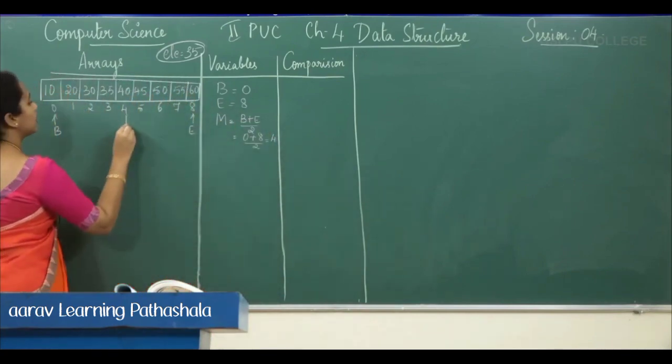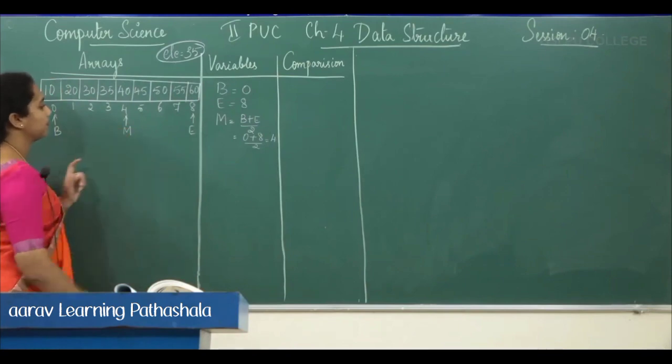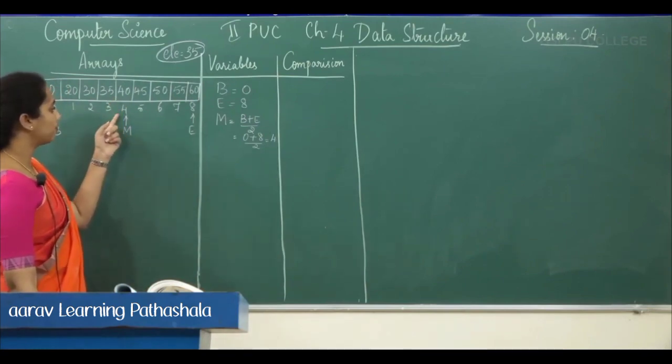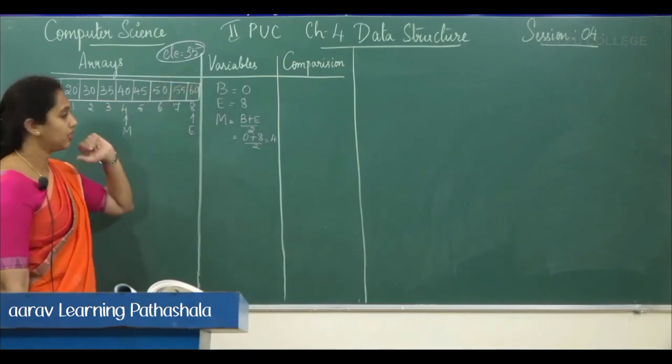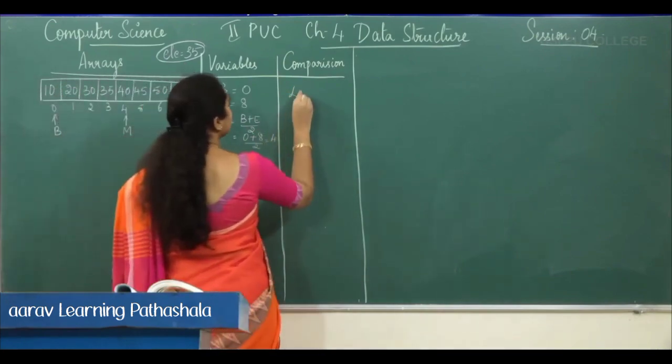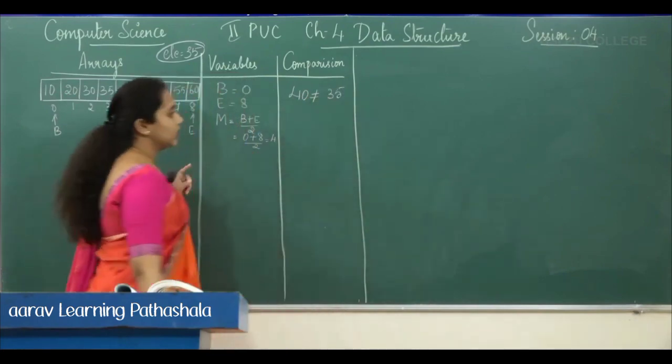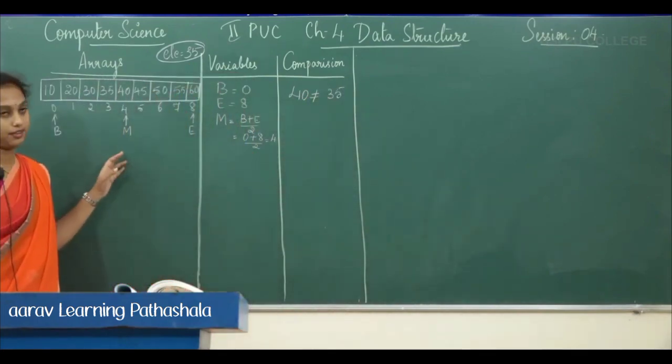So here 4 is our middle element. Compare the element at position 4 with the search element. So 40 does not equal 35.